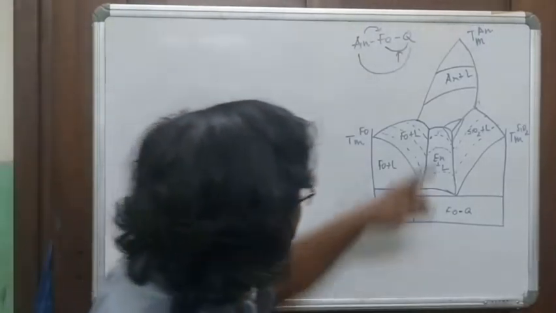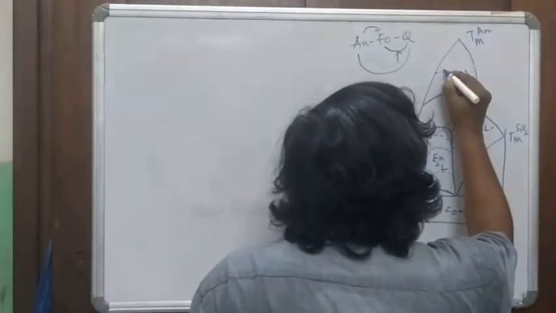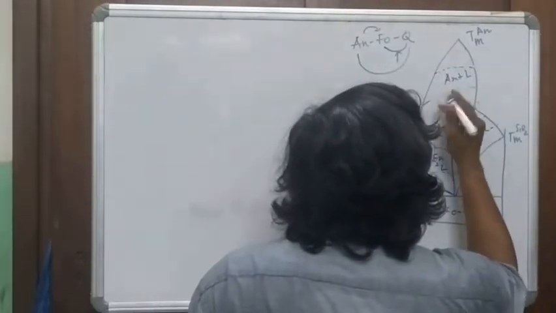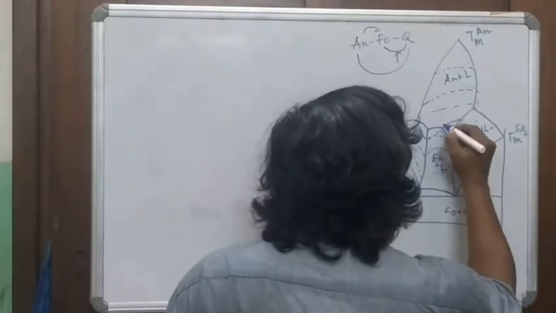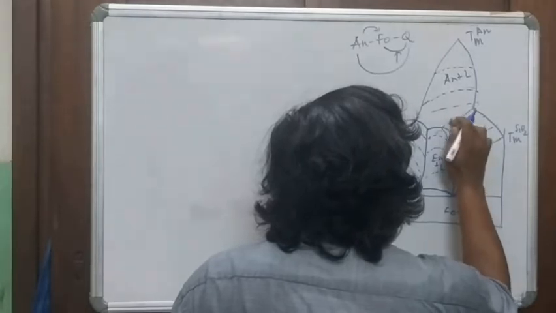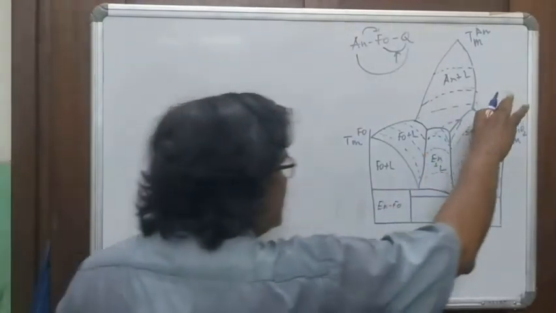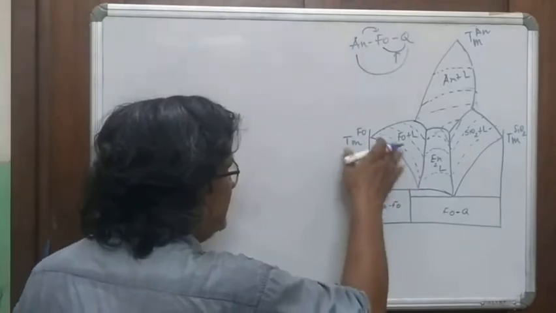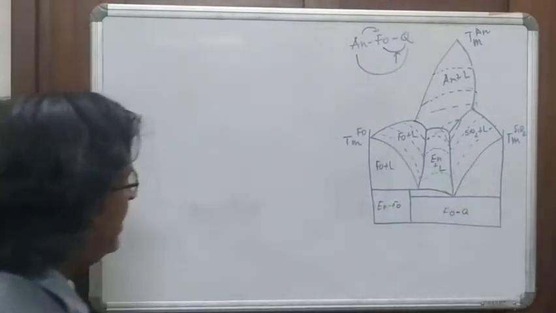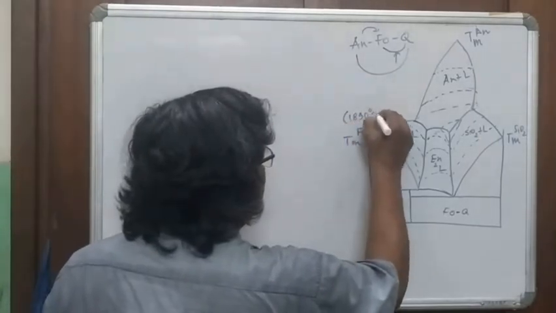So we have temperature here, I will make this broken also. It's something like this. You have two valleys, two hills from either side, which form a liquidus surface of forsterite and silica. Here it is 1890 degrees centigrade.